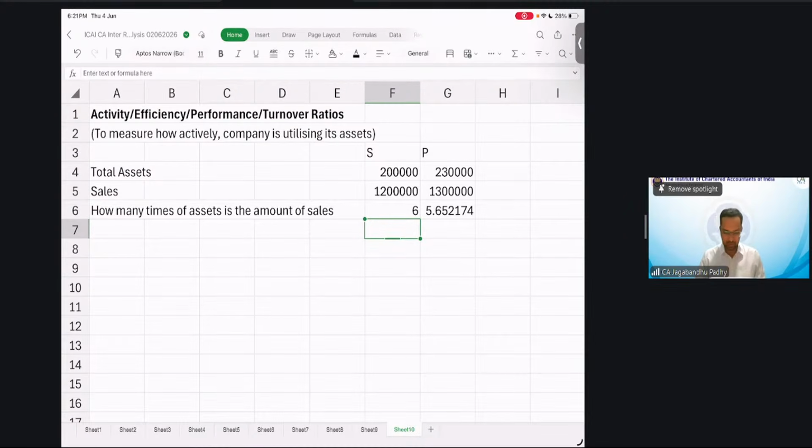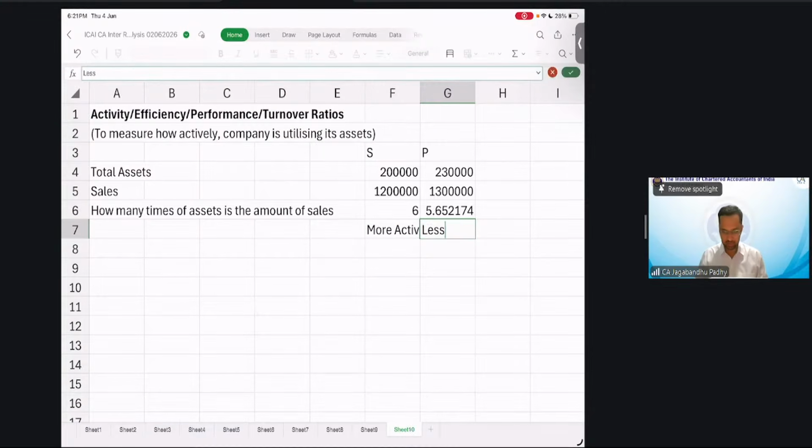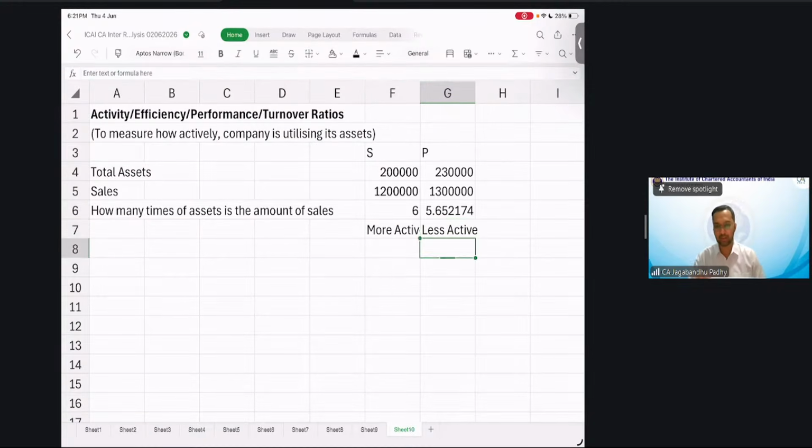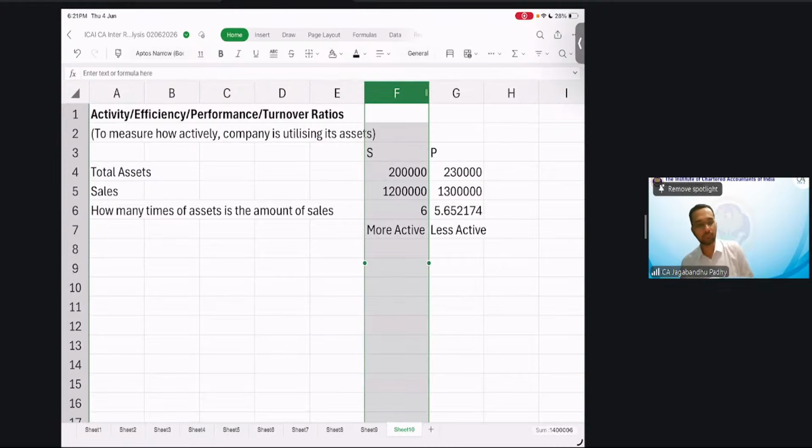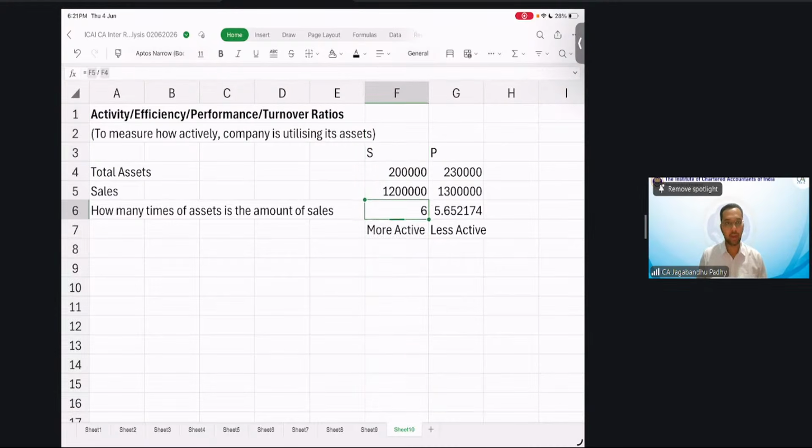Of course, company S is more active, and this is less active. Okay. So we have certain turnover ratios based on this thing.